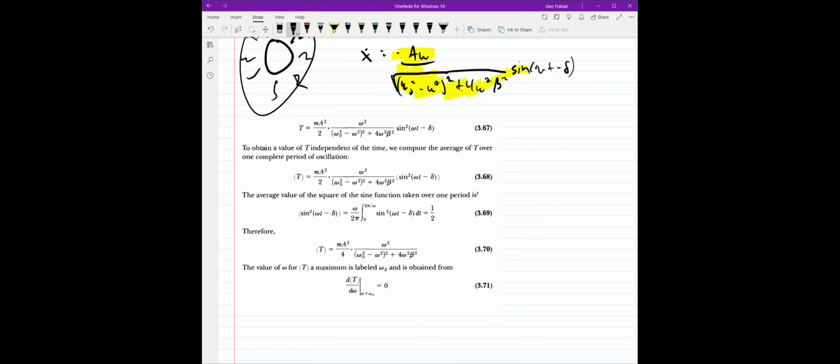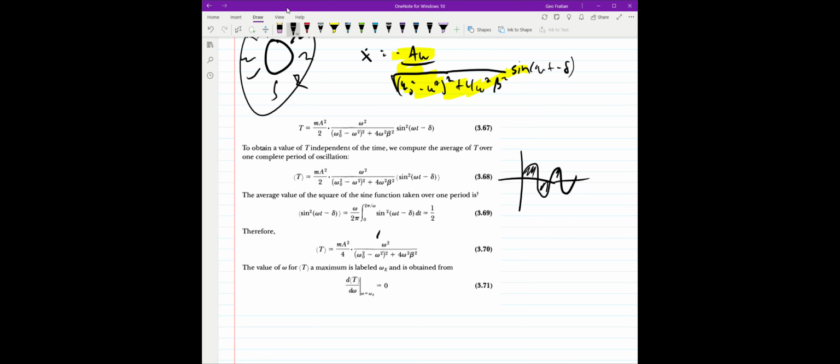And then we can take basically the average of it, and the average of sine squared is basically just 1/2. The reason being, if you look at the sine function, if you take the average of a sine, it's 0 because it's above and below the same amount from negative infinity to infinity, basically.